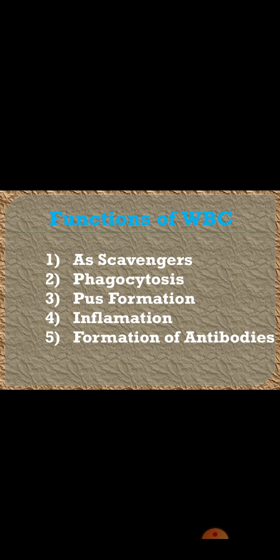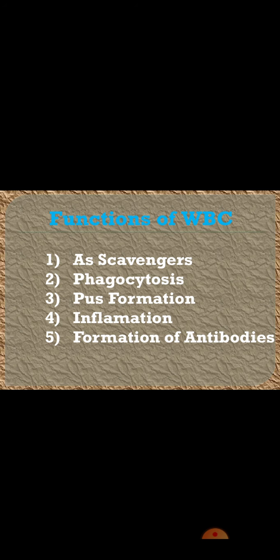They also defend the body against microbes and their toxins by forming antibodies, and they work as scavengers, meaning at the site of injury or infection, neutrophils or monocytes engulf the worn out cells of the body, and phagocytosis means they engulf the microbes and foreign matter or the damaged cells like an amoeba. This is called phagocytosis.